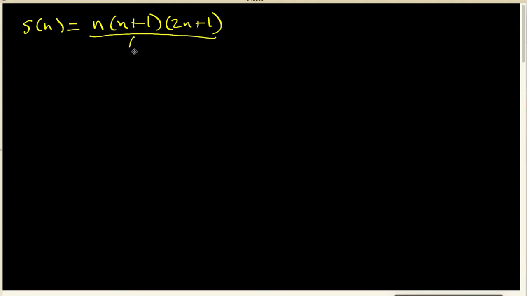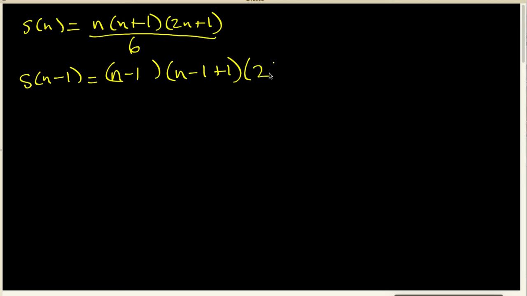So let's see. Sn is given by the expression n times n plus 1 times 2n plus 1 all over 6. Sn minus 1 then is going to be, I'm going to plug in n minus 1 for each one of these n's, and when I do that, I'm going to get n minus 1 times n minus 1 plus 1 times 2 times n minus 1 plus 1.